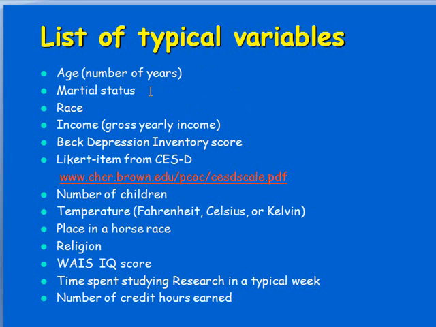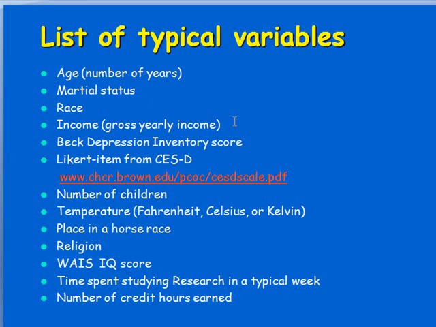Marital status is nominal. Race, again, nominal. Black is not greater than white or greater than Hispanic. They're just different from each other. Income, gross yearly income.